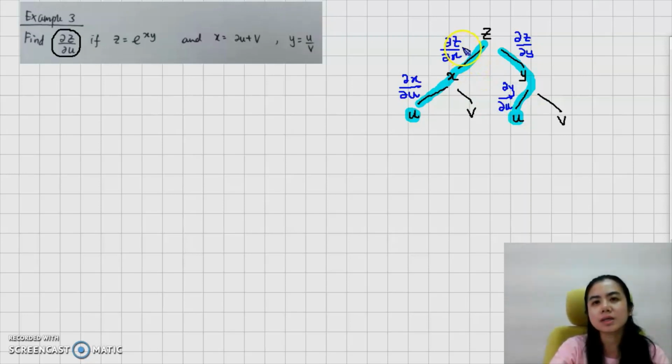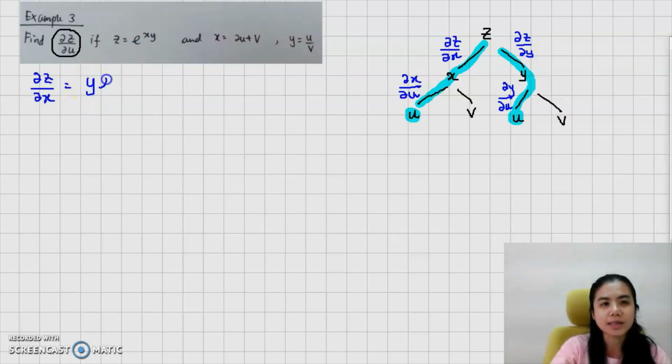First of all, let's find this one first. You can obtain it from here. You're looking for ∂z/∂x, it means that you treat y as constant. You differentiate e^(xy). So what is the answer? You will have y e^(xy), because you treat y as constant.